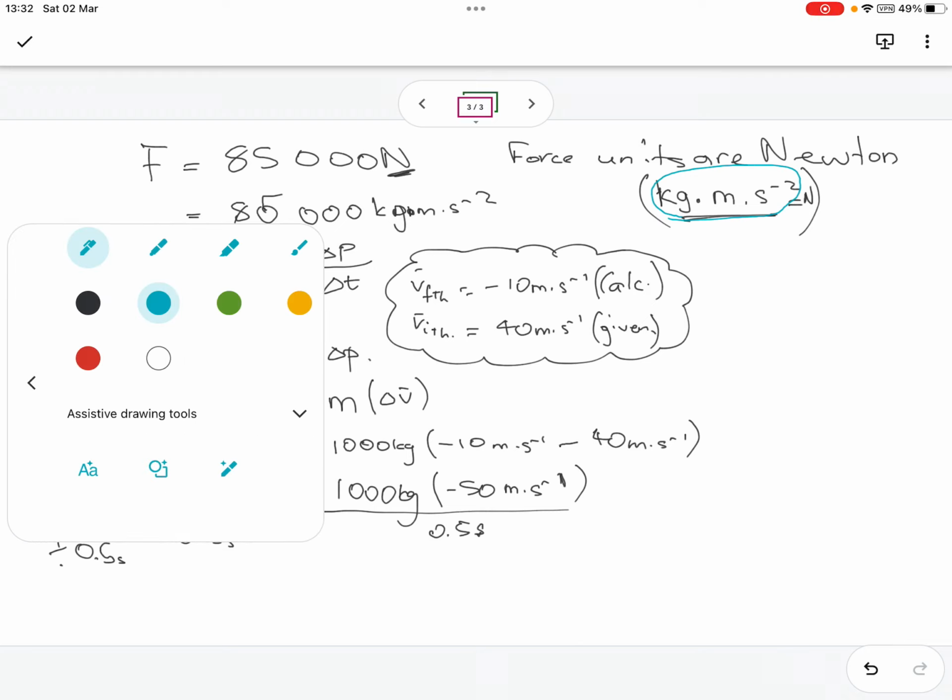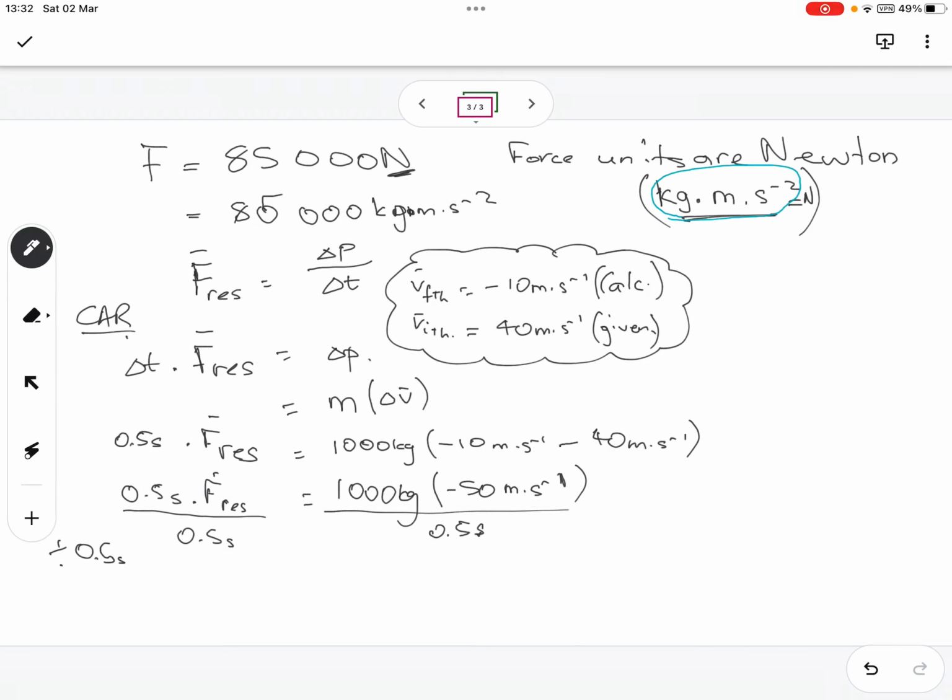And remember, the units for a force are kilogram meters per second squared. So we're going to show how we go from these units for momentum, which is kilogram meters per second, and after we divide by time, we get F res, resulting force, in kilogram meters per second squared. So I'm going to show how we do that, right? So let's first divide the numbers out. We have 1,000 times negative 50. That should give us negative 50,000.